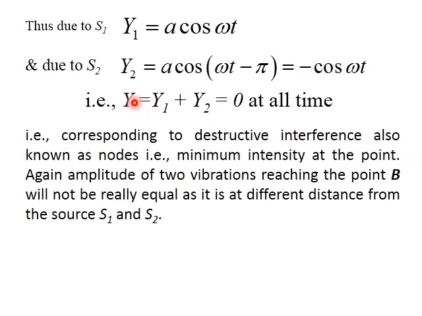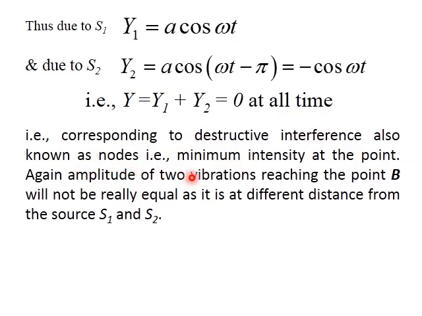So my y is equal to y1 plus y2 is equal to 0 all the time, because these two get cancelled each other. So this corresponds to destructive interference, also known as nodes. So the points where we have minimum intensity, that is known as my node. So that is minimum intensity at the point.